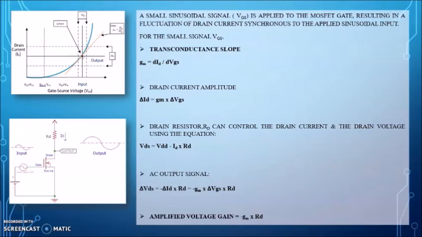We can find the AC output signal, vds equals negative id multiplied by RD, equals negative gm multiplied by vgs multiplied by RD. The formula for amplified voltage gain is negative gm multiplied by RD.